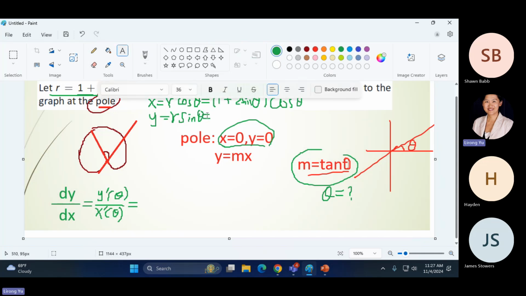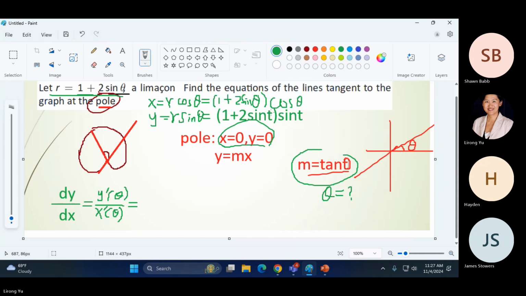Let me try to type it in. So what's our r? r is 1 plus 2 sine theta, that's r multiplied by sine theta. So this is 2 times sine theta, that was the r, and then this is sine theta.